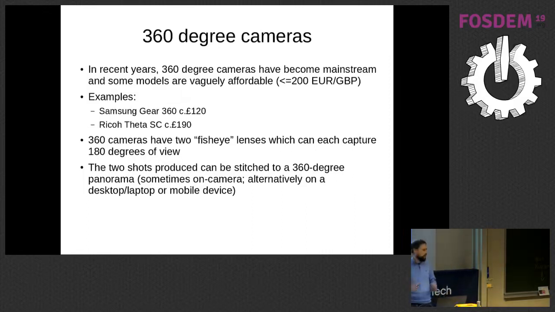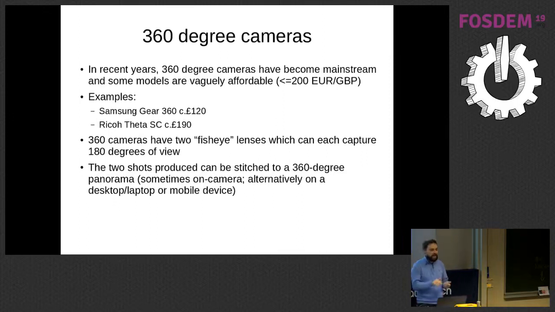I've got a postgraduate student who's wanting to do something vaguely similar but for streets and using 360 video rather than photos. 360 cameras have become more popular in recent years. These are cameras which have two lenses facing opposite directions.